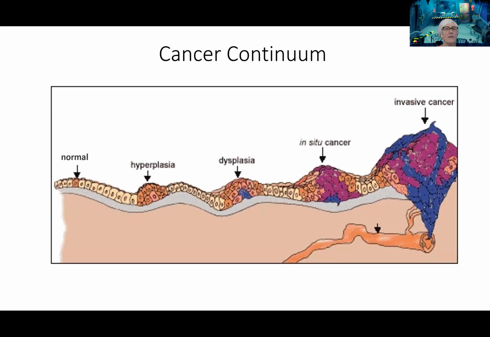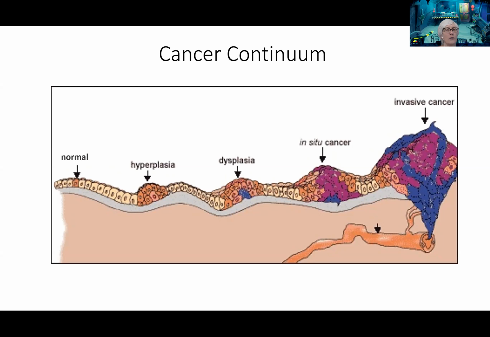And I said that cells fall somewhere along a continuum, moving from what is a normal cell to one that is the gravest, shall we say, of cancers, and that is an invasive cancer. I want to talk about how that process happens.